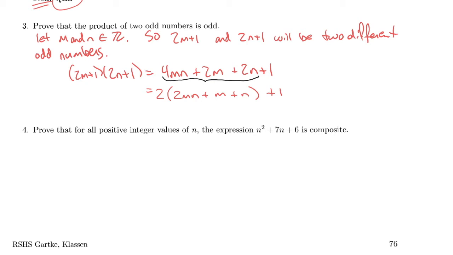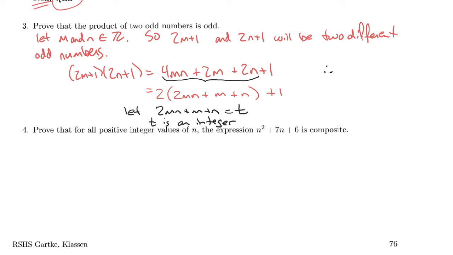Now, I am going to let 2mn plus m plus n equal, let's say, t. Okay? And I know because the integers are closed under multiplication and addition, because when I multiply 2 by m by n, and if those are integers, I'm going to get an integer. And if I add the integers together, I'm going to get an integer. I know t is an integer.